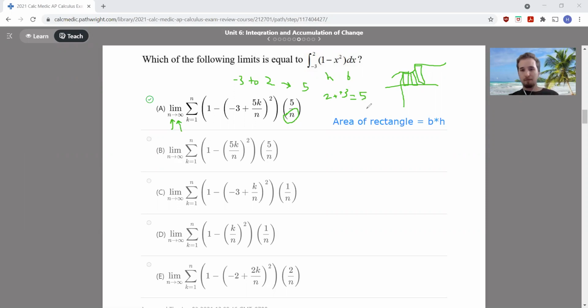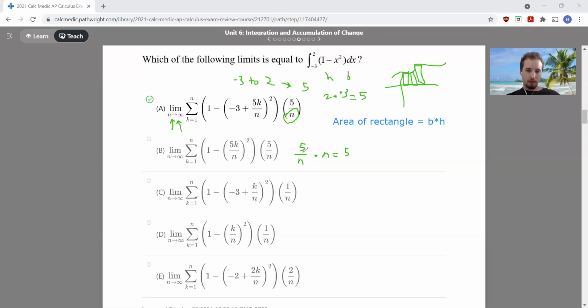So what does that mean for the number of rectangles? Well, if we need n rectangles to equal a total distance of 5, then the width of each rectangle is going to have to equal 5 over n.